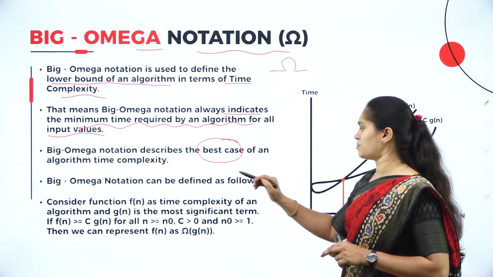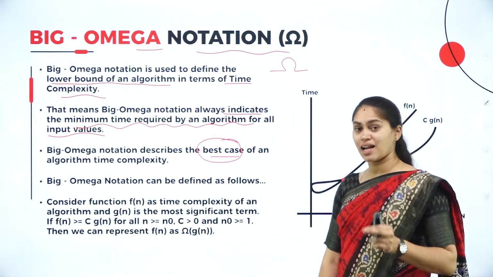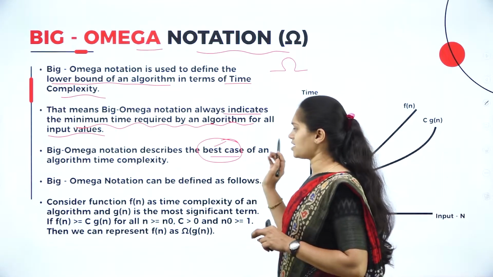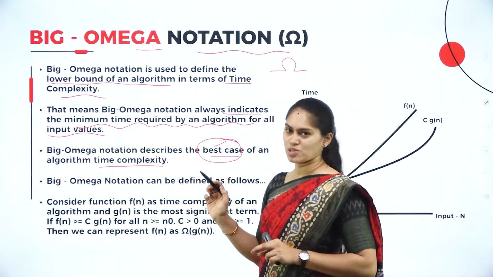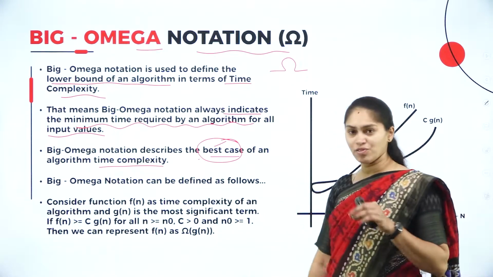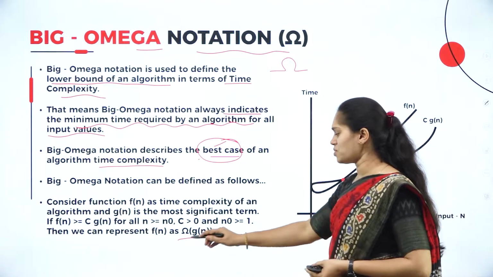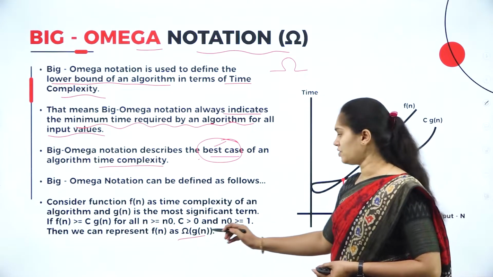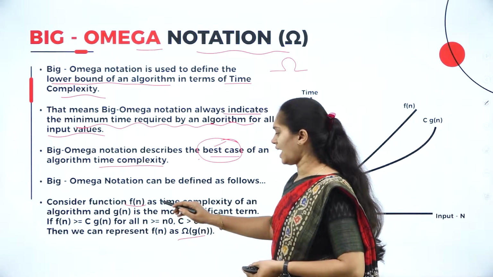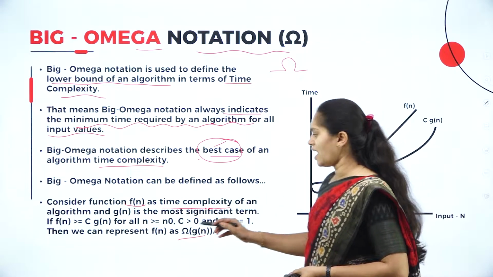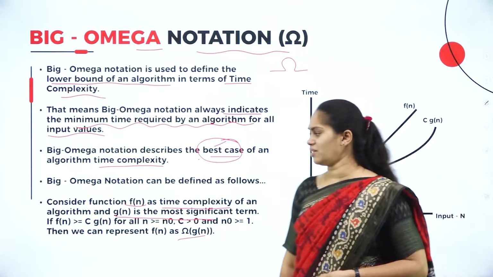So as of now, big omega describes the best case of an algorithm in terms of time complexity. And how do we define this big omega notation? It is written as big omega of g of n. Here you can see that f of n is the time complexity and g of n is the most significant term.